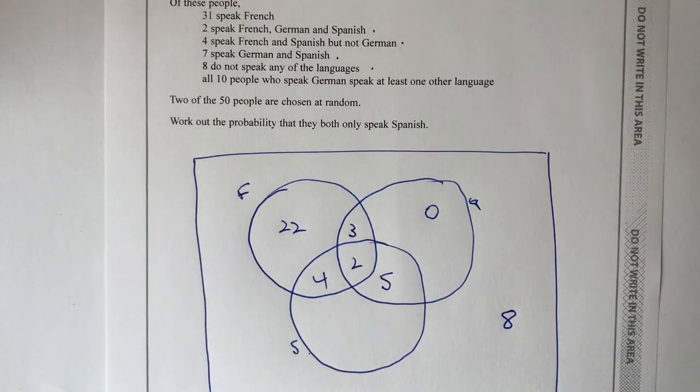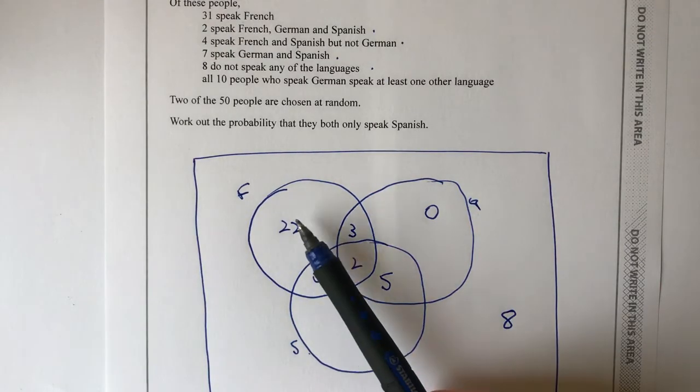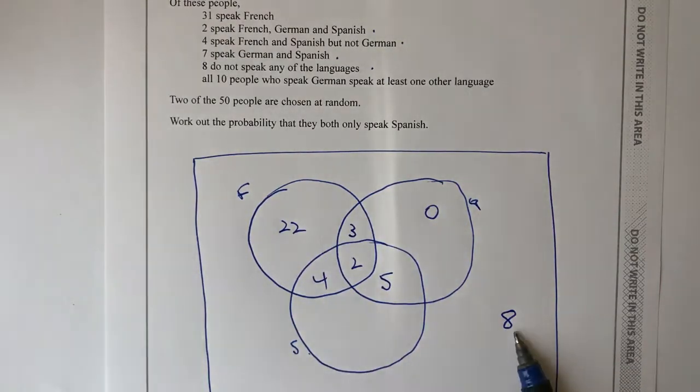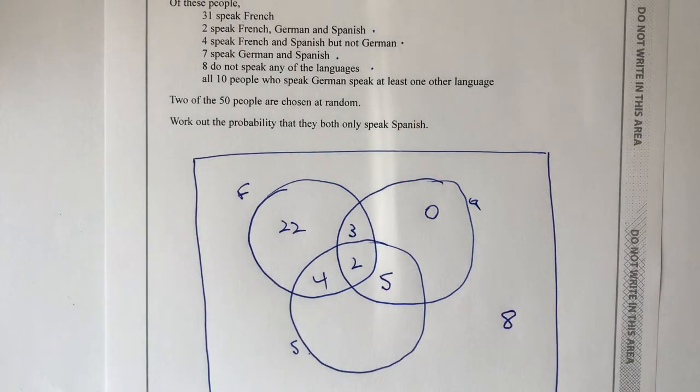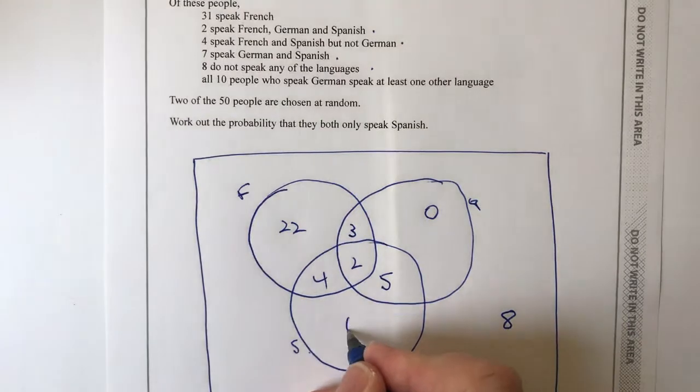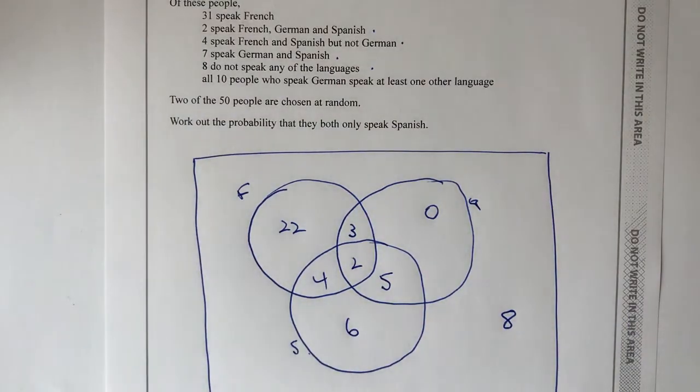Then we've only got one final piece of the jigsaw over here, and if we add up all of these and the 8 over here, we find that we've got 44 people accounted for, so it must be that 6 of them are Spanish only speakers. That's just about it really.